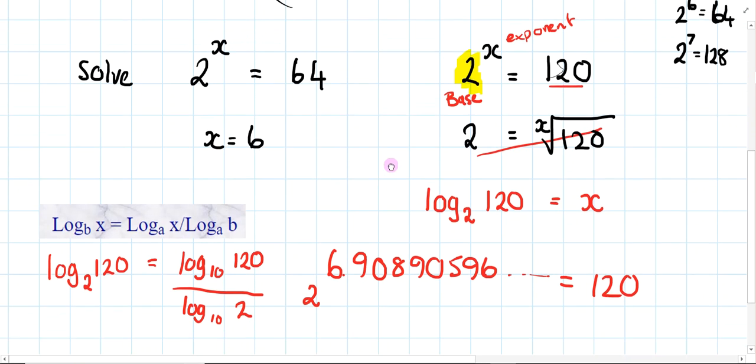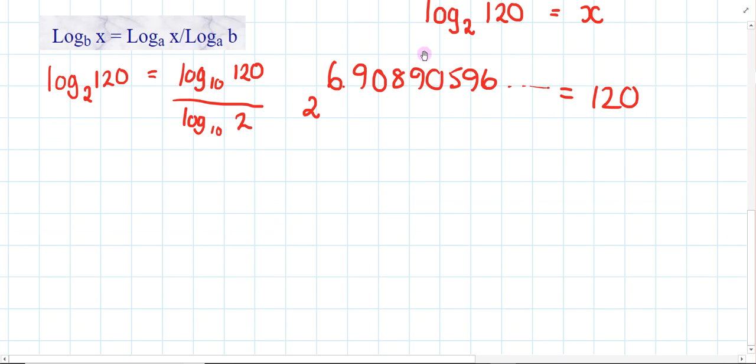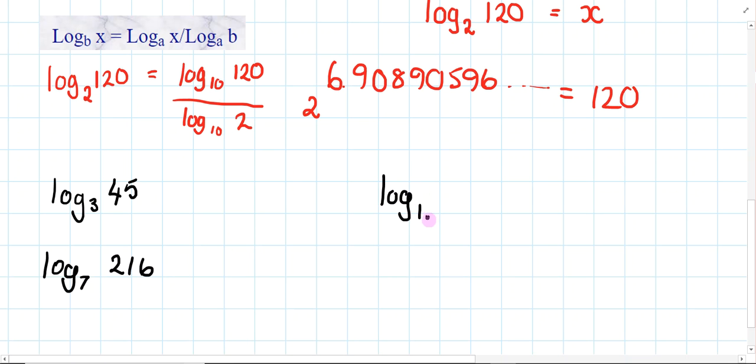So let's have a bit of a practice. Using that formula, I would like you to evaluate log to the base 3 of 45, log to the base 7 of 216, and log to the base 1.5 of 0.05.